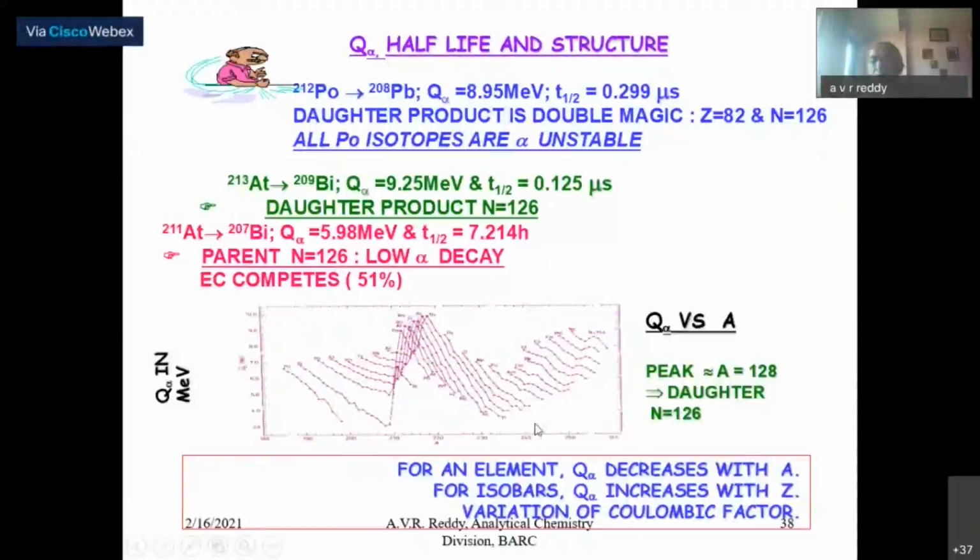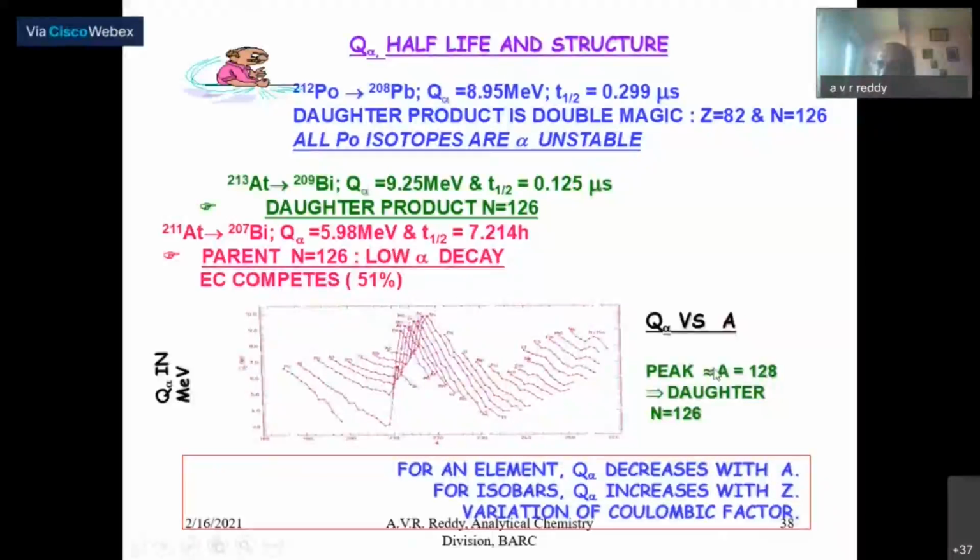Now, if we plot for all the alpha decay isotopes, Q alpha value, not the alpha energy, Q alpha, the total energy for the decay process, as a function of mass number, a peak is observed, that is, the highest Q value is observed when N corresponds to 128, because by alpha decay from 128, we get 126.